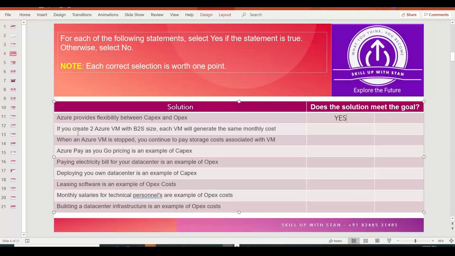Then, if you create two Azure VMs with a particular instance size, they are asking whether each VM will generate the same monthly cost every month. The monthly cost does not depend just on the instance size. Instance size is one of the pricing characteristics: the number of CPUs and the memory of the instance type you provision will have a cost.